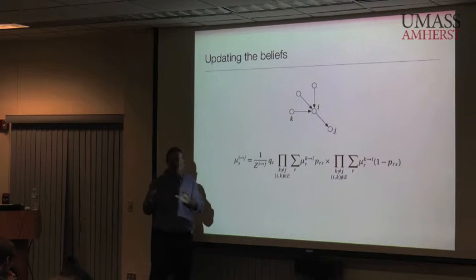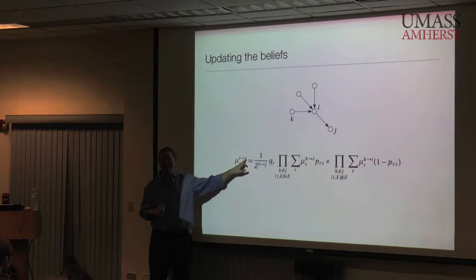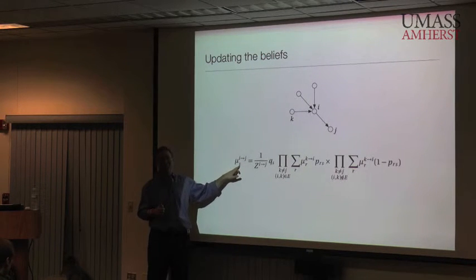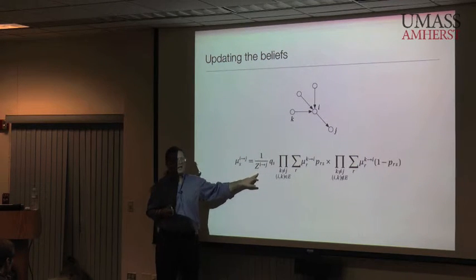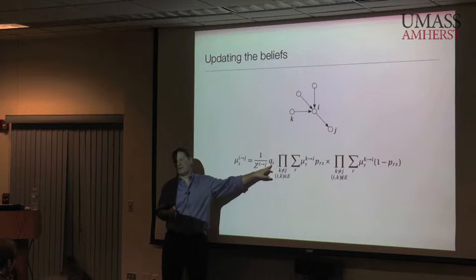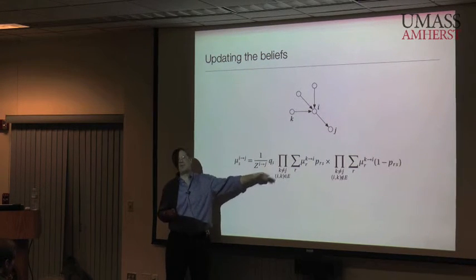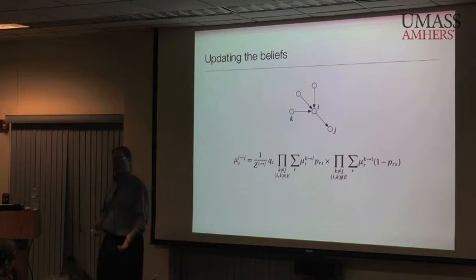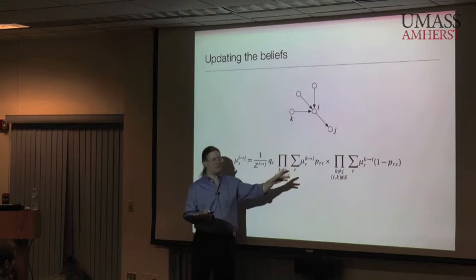It's not so bad. Again, this is what I tells J about the probability that I belongs to group S. That's our notation here. This is just a normalization factor. That's the prior probability of being in group S, which I told you wasn't going to matter anyway. But if you thought that there are more people in group S than in some other group, you can put that here. All right, now the real meat of it.